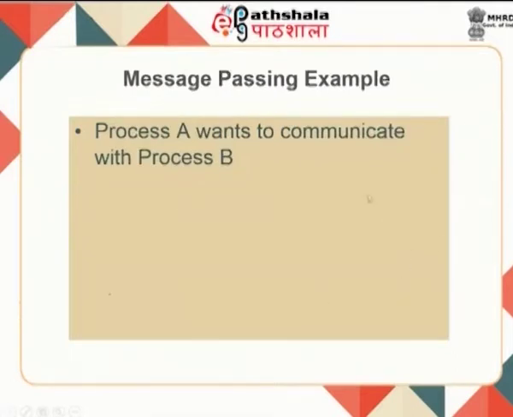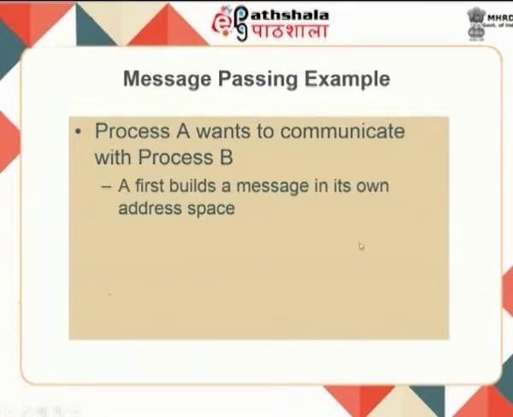Here is a simple example of the message passing mechanism. Assume that there is a process A which is running in some machine, and there is another process B which is running in a different machine, and these two are trying to communicate with each other. First, A has to build a message, because this is not simple data; it has to go through the process of building a message, putting it in a certain format, and such intricacies that we will discuss later on.